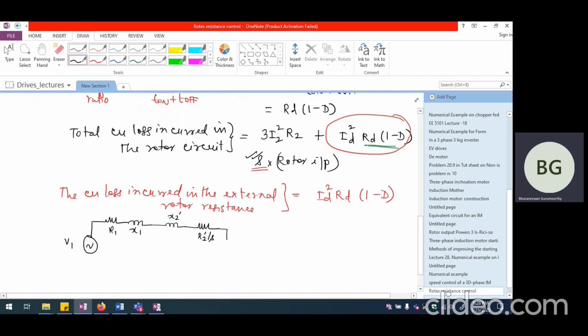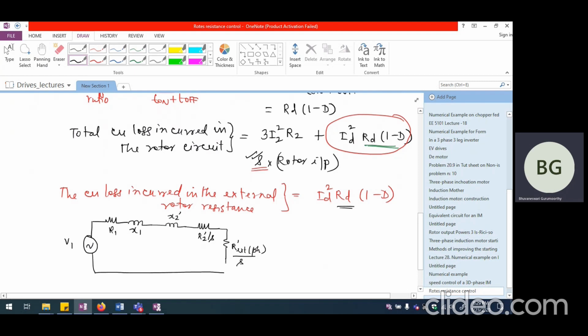Now, I would like to represent this RD also, if it is possible, with the help of an external resistance. So let us say R external per phase. I want to represent this as R external dash per phase, and that has to be divided by S as well as per the equivalent circuit.